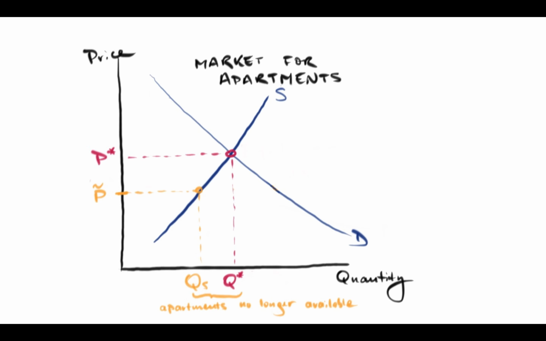Maybe they decide to convert some of the apartments into condominiums that they can sell. Or they decide that instead of renting out an apartment that they owned, they will simply live there themselves. Or they can decide that they're not going to build some apartments that they would have in equilibrium. So there are several reasons why fewer apartments would be supplied if the price were lower.